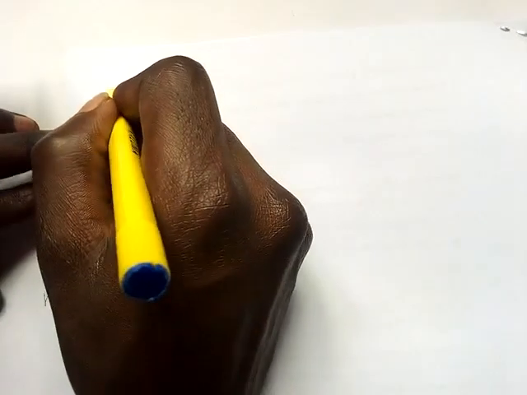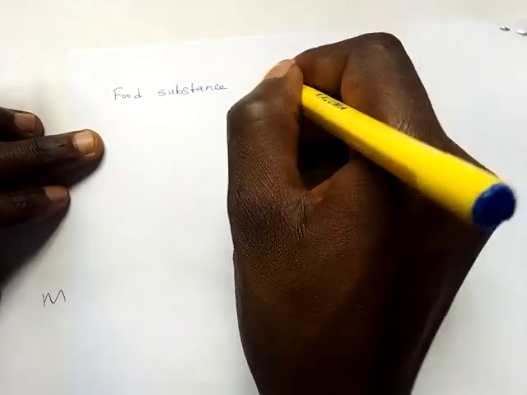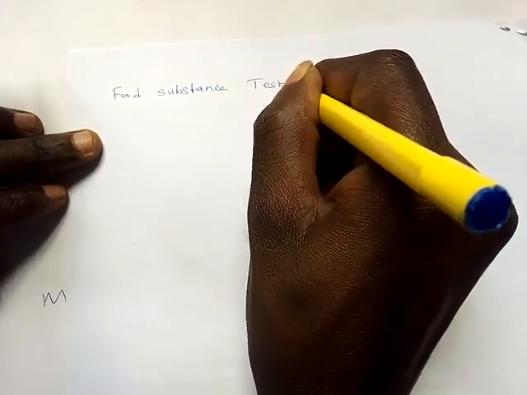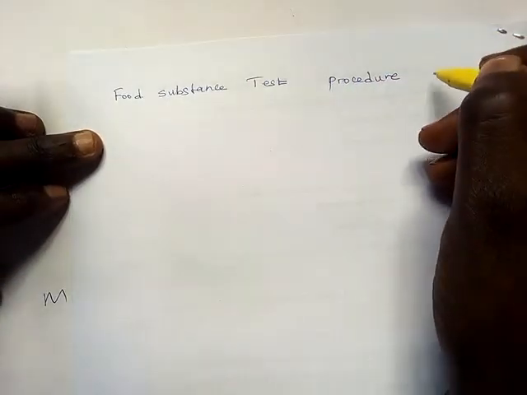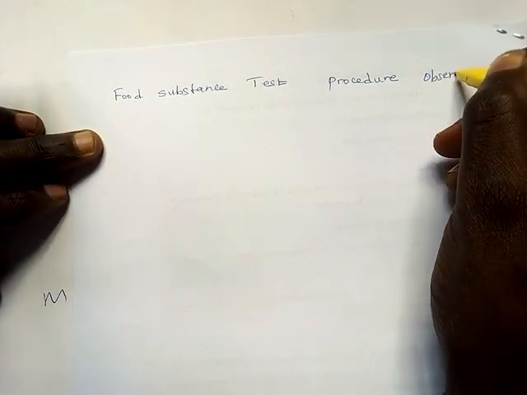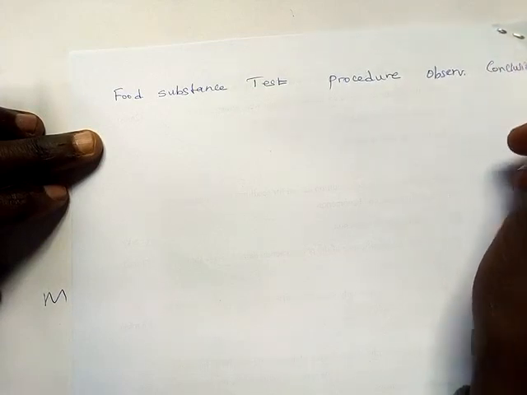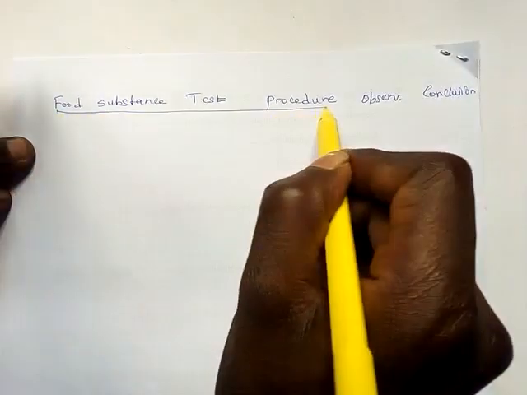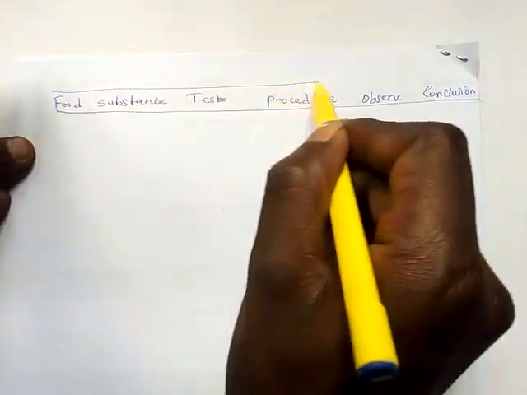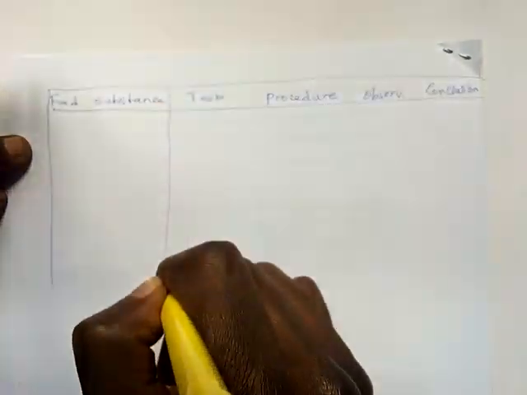You write now the food substance you are testing for, and then you write the test, and then the procedure to be followed, observation, and finally the conclusion. And now here, then you rule. Then you start with your food substance.